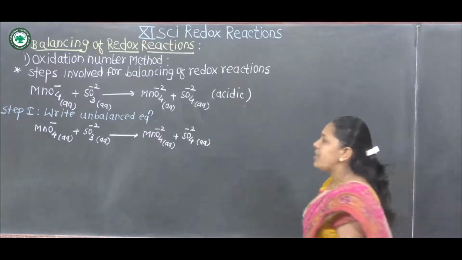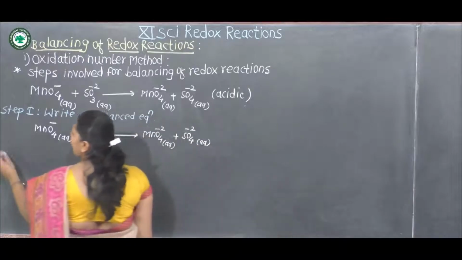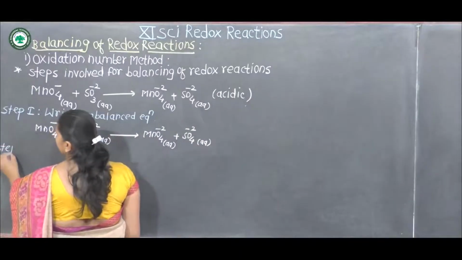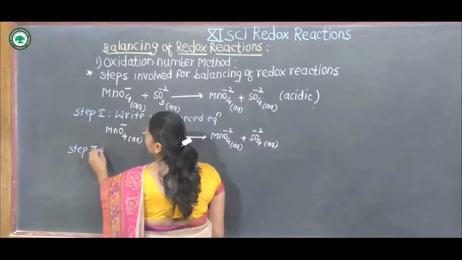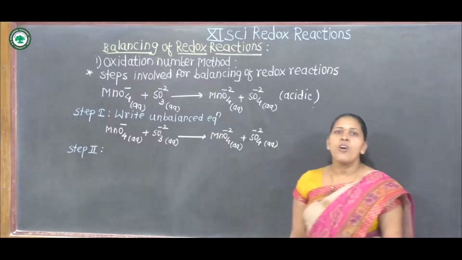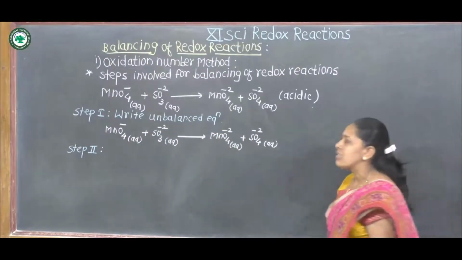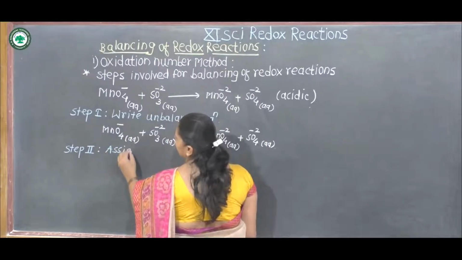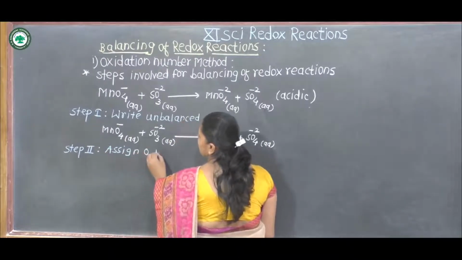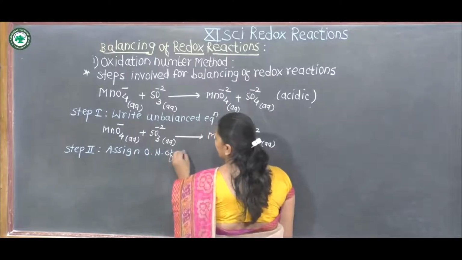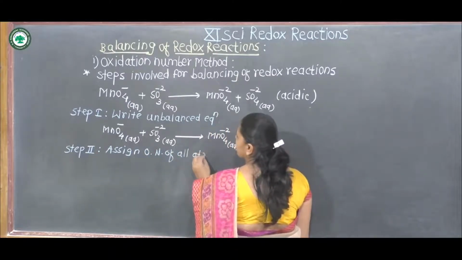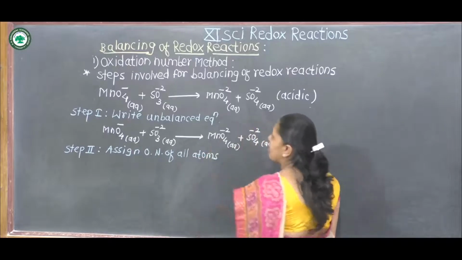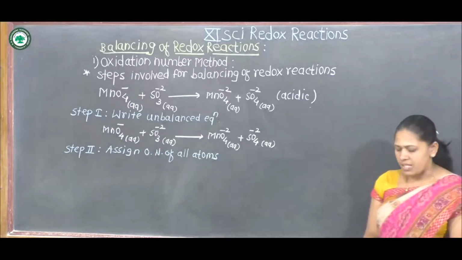What is step second? Step second is assign oxidation number of all atoms in both reactants and products. In short, assign oxidation number of all atoms in the reactant and product side.